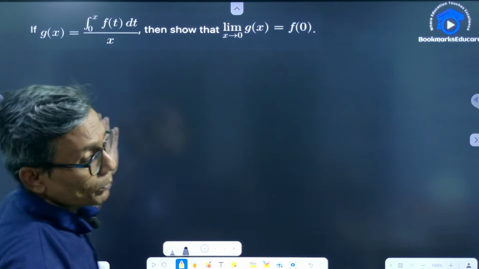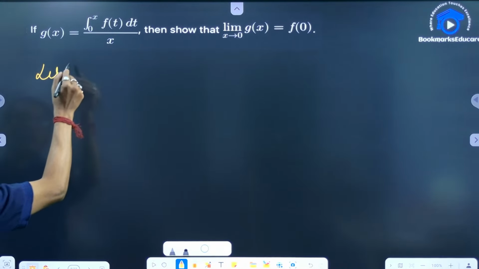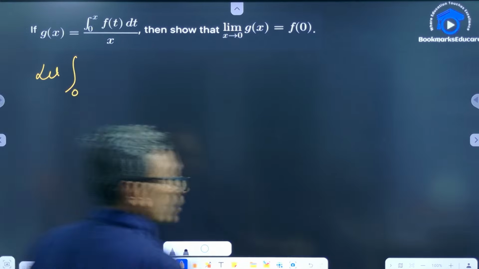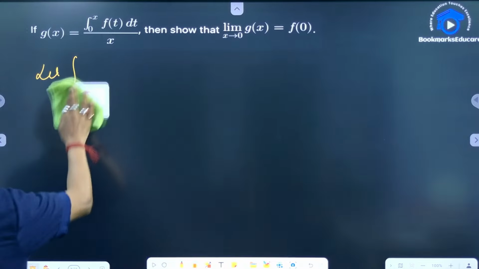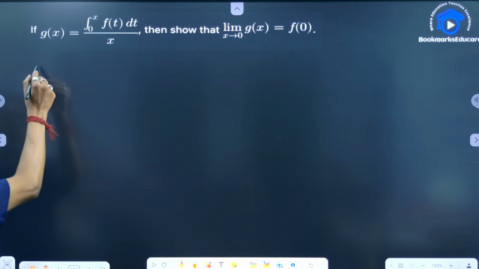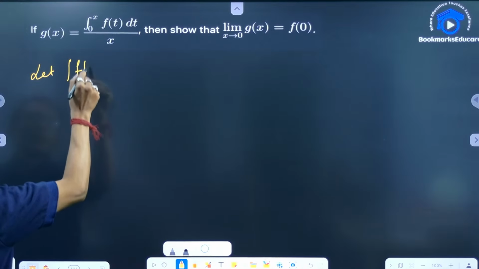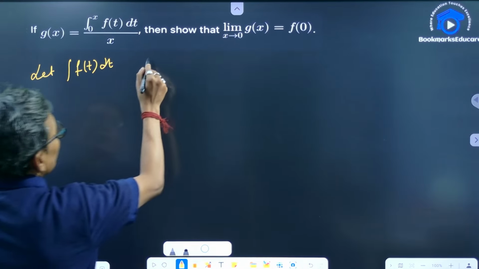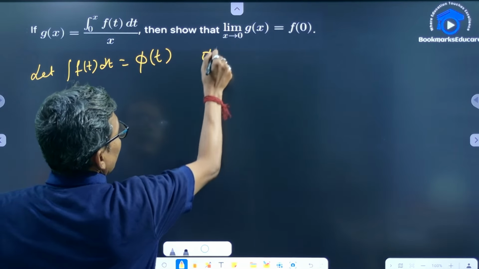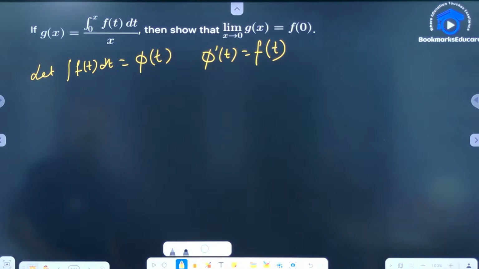So now the next sum is also based on FTC. So let integral of f of t dt is equal to phi of t, where phi dot t is equal to f of t. We just assume. Okay.